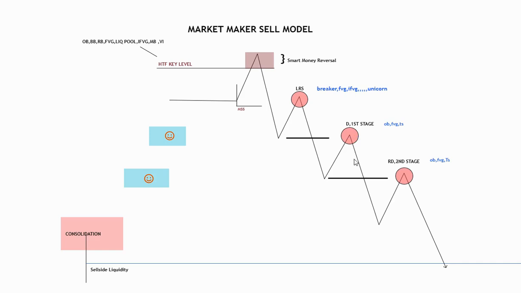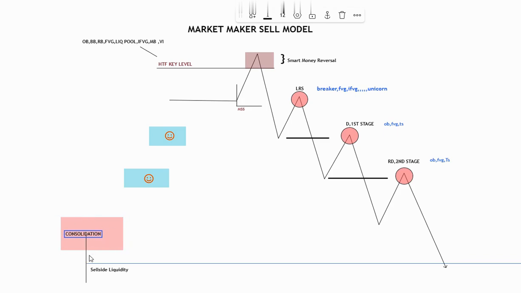Then next again, price dumps lower, then returns back, and most of the time it is an order block, an FVG, or we can have a turtle soup also if we had a short-term high there that has been run through. Now the objective is going lower to any region that was consolidating when we were buying.